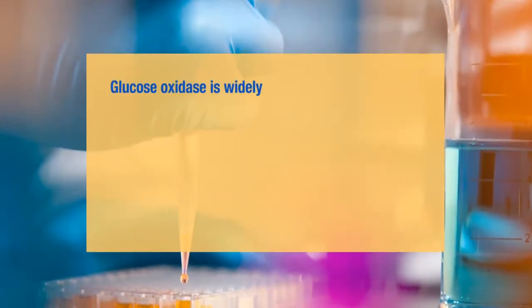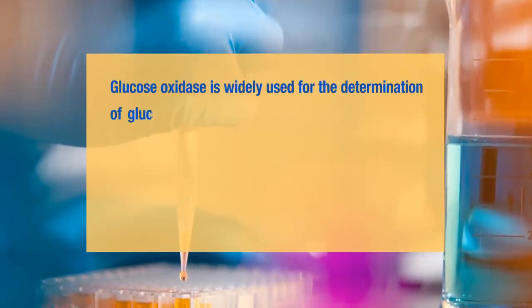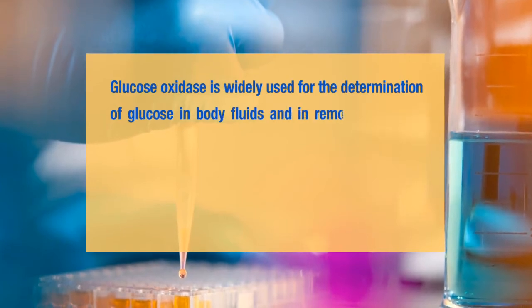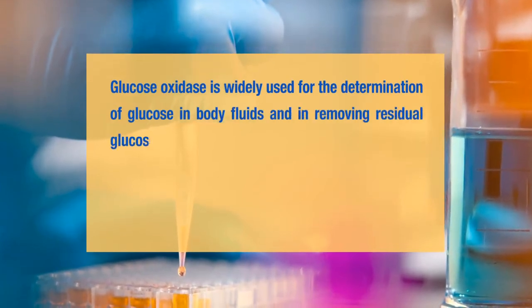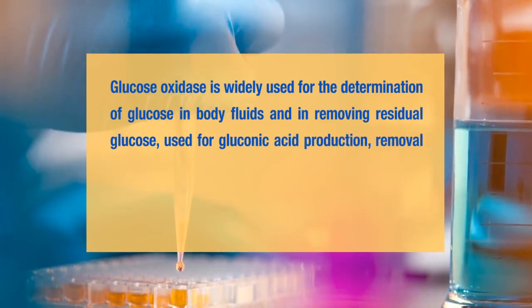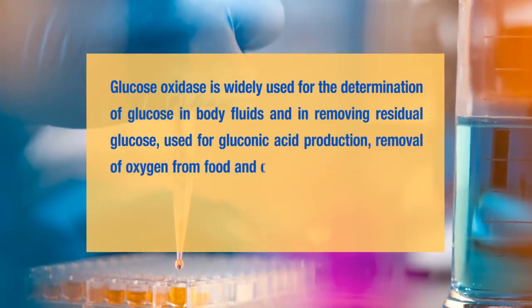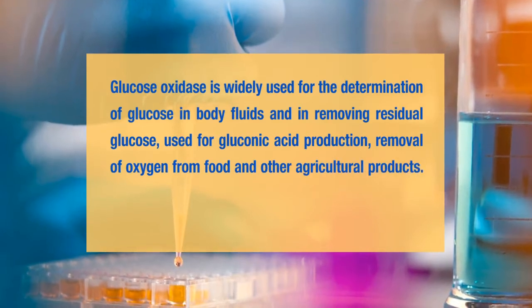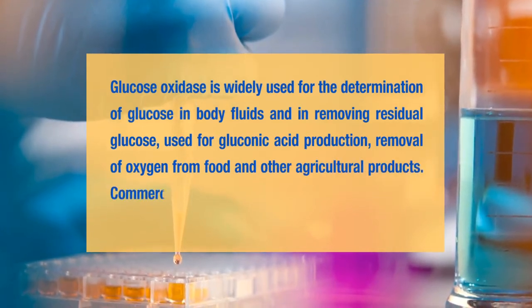This enzyme is produced by certain species of fungi and insects and displays antibacterial activity when oxygen and glucose are present. Glucose oxidase is widely used for the determination of glucose in body fluids and in removing residual glucose used for gluconic acid production, and removal of oxygen from food and other agricultural products.